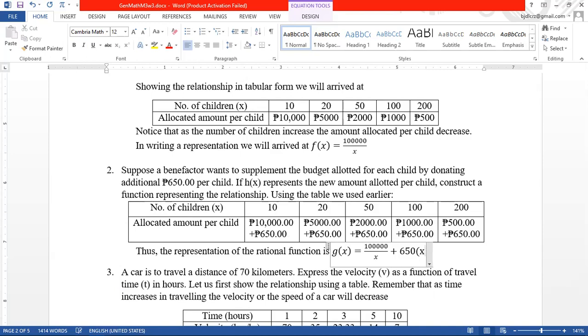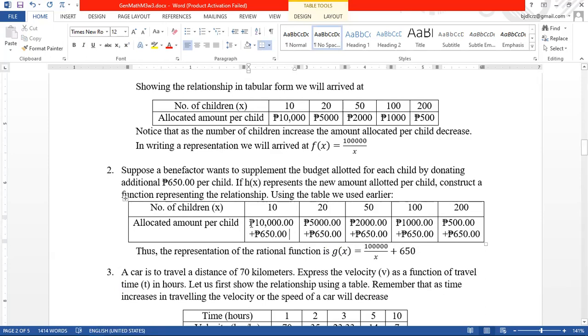Ay, sakto raw. Dili na mag-x kay kani per child naman ang iyahang kuan. Sorry. Okay, so number of children is 10. So, ang 100,000 i-divide nila, so nasa 10,000 per child. Yang gingon sa benefactor, mag-supplement siya og additional 650 per child.